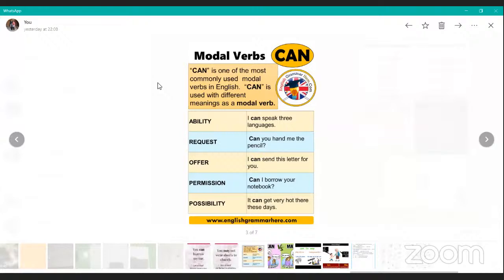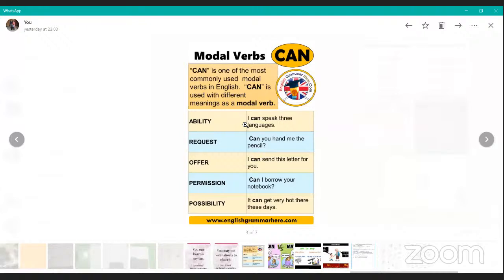Okay, now write down some sentences. You can write some simple sentences. Now, using can to show the ability, you may write, I can swim.